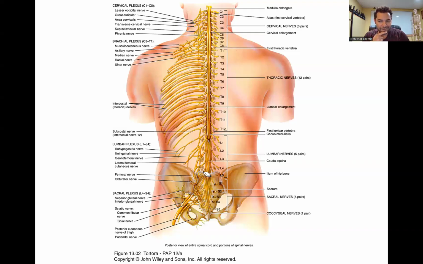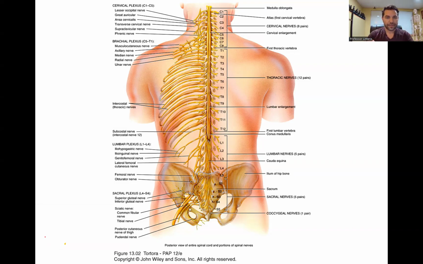So it looks like there's a lot. I'm going to simplify it for you, right? The spinal cord, just like your spine, is broken into a few sections. We have a cervical region, we have a thoracic region, we have a lumbar region, we have a sacral region.